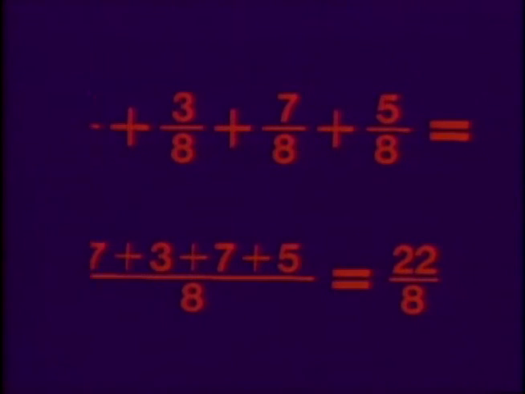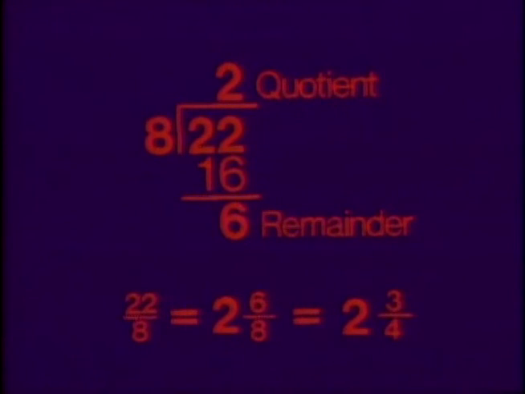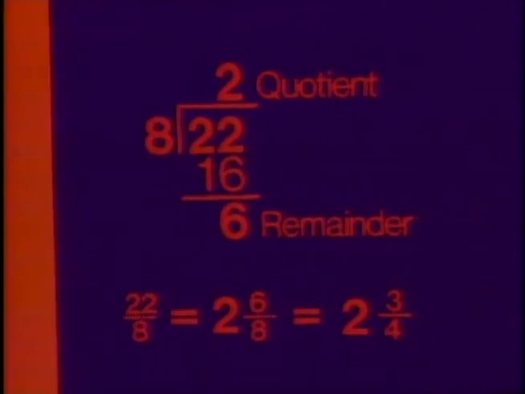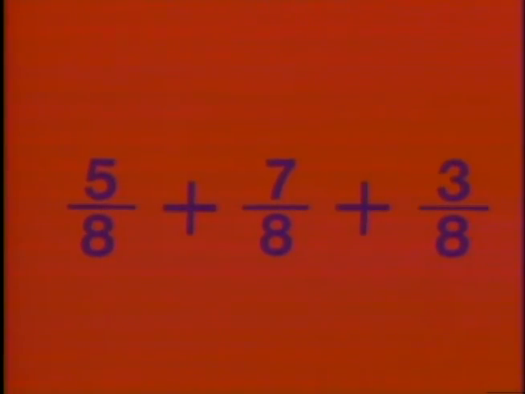Changing this to a mixed number, we get 2 6/8, or 2 3/4. Of course, if you can do the division in your head, you don't need to write it out. Take a minute to do this problem yourself. Show your answer in the form of a mixed number.